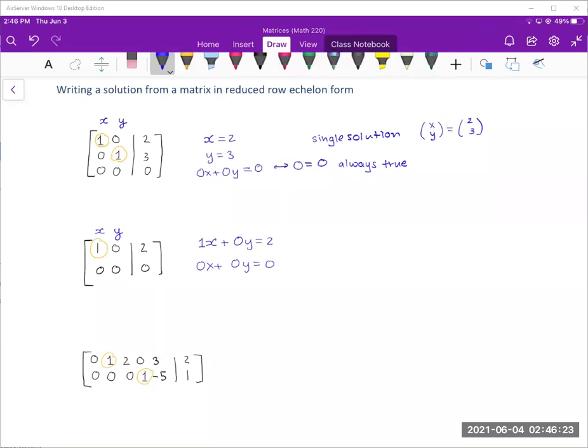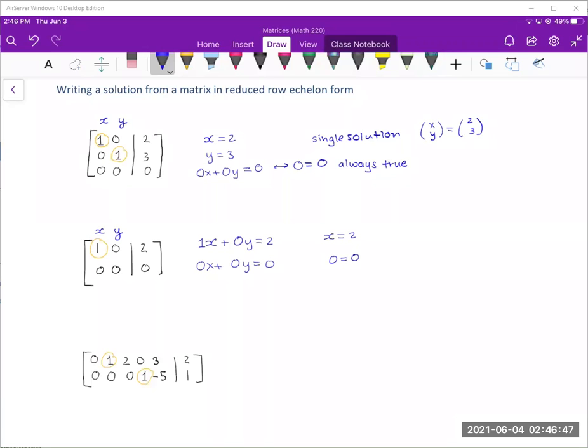If we write out 0 times a variable, we just leave it off, and write it just as 0. What do we find? This is x equals 2, and then this always true statement that 0 is equal to 0. What can y be? Well, there's no restrictions on what y can be.